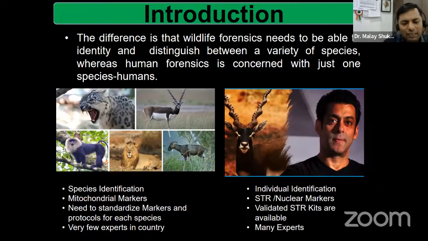There are famous cases, or rather infamous cases. The major difference between human forensics and non-human forensics is that in human forensics, we are more interested in establishing the individual identity of a particular specimen, whereas in non-human forensics, as per the Wildlife Protection Act 1972 of India, we are just required to establish the species identity from a given biological specimen, may it be skin, antler, horns, teeth, canine, ivory, or whatever wildlife article it may be.